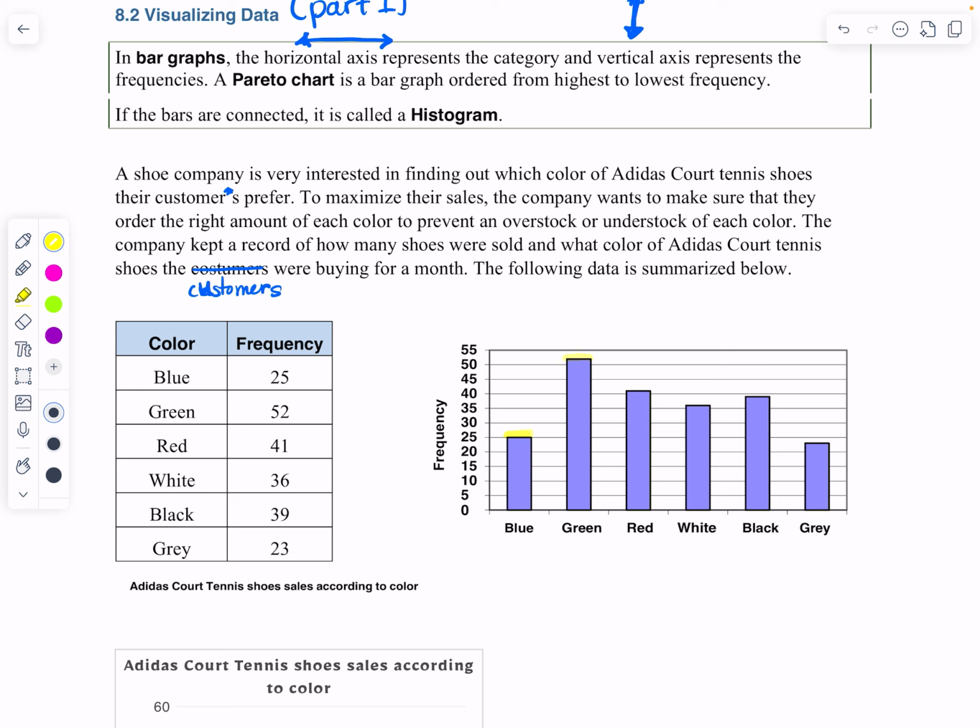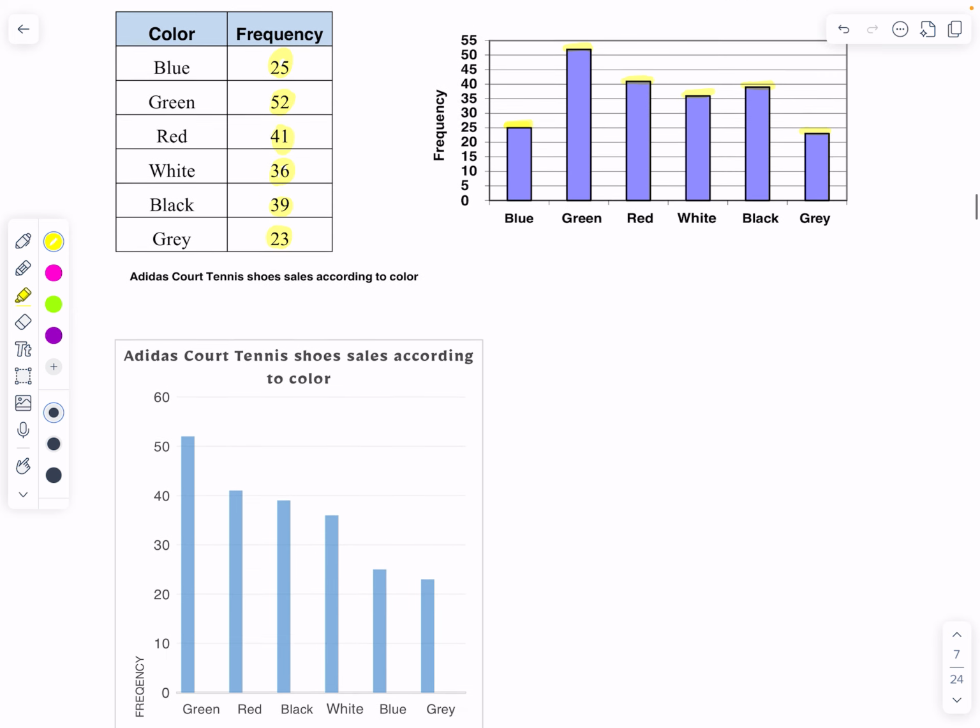Green is halfway between 50 and 55, so let's guess it's like 52. Red was 41, white was 36, black was 39, and finally gray was 23. I got these values from this table right here. So it's showing the same information, just in another way.